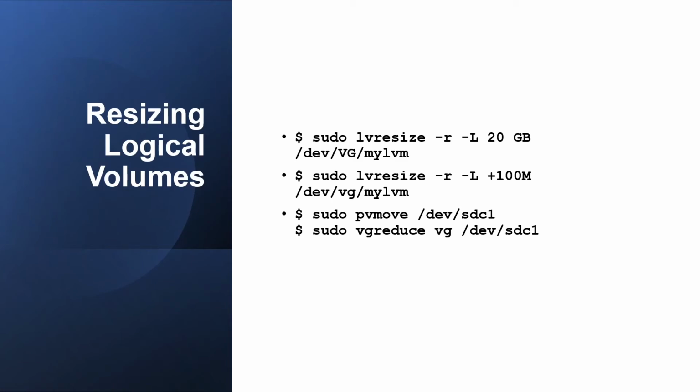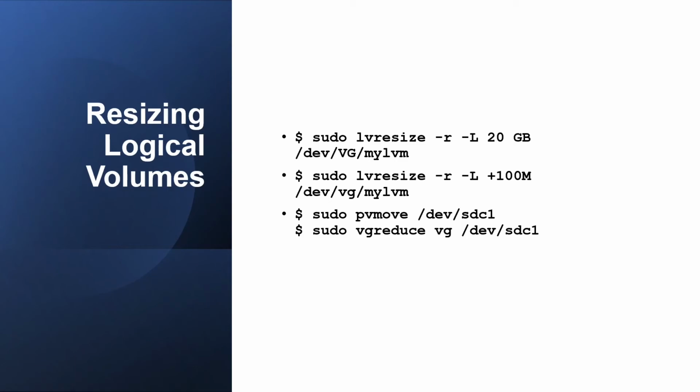This is best done with lvresize, as in sudo lvresize -r -L 20G /dev/vg/mylvm, where the -r option causes resizing of the file system at the same time as the volume size is changed.